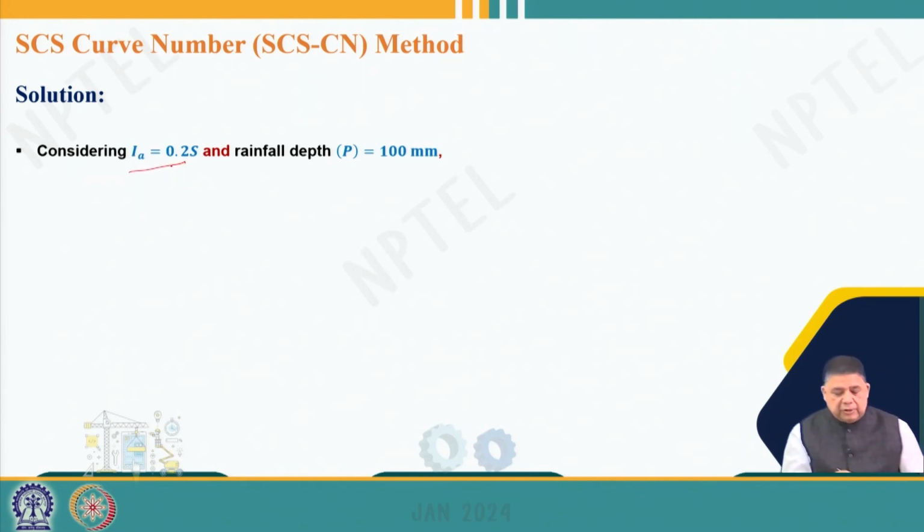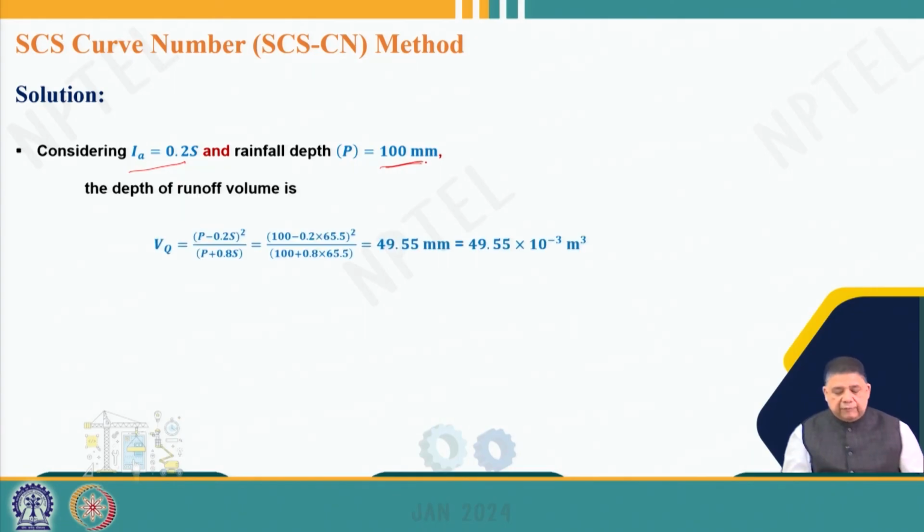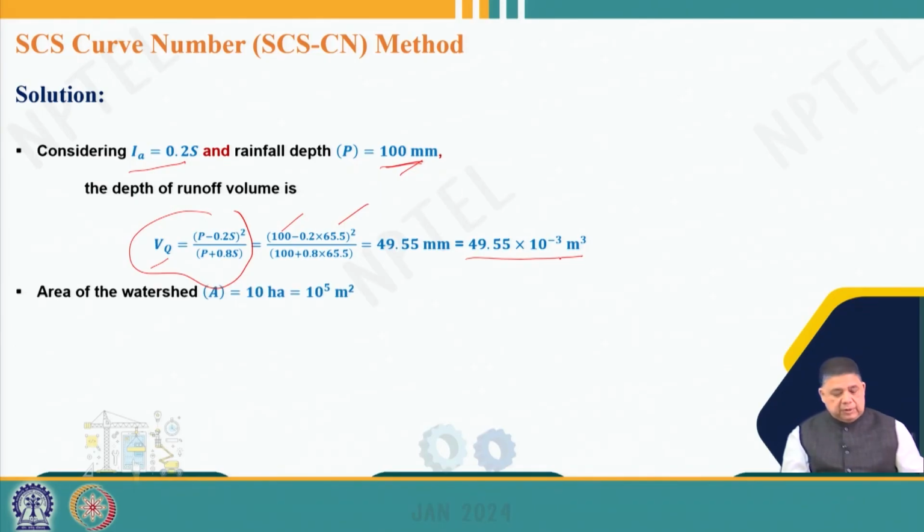Considering Ia equals 0.2S and a rainfall value of 100 mm, the depth of runoff will be given by this standard relationship, where Ia equals 0.2S is already put in, and then putting P equal to 100 and S equal to 60.15, we get VQ equals 49.55 times 10 to the power minus 3 meters.